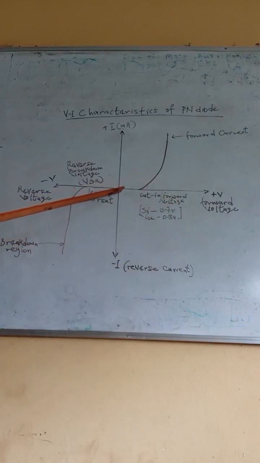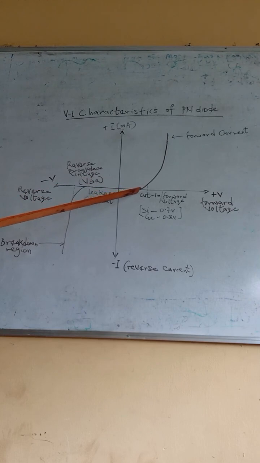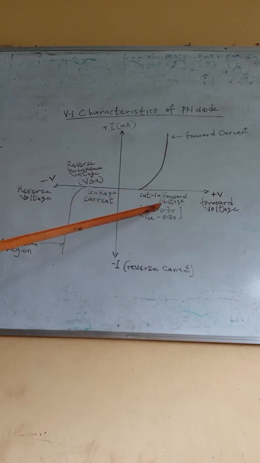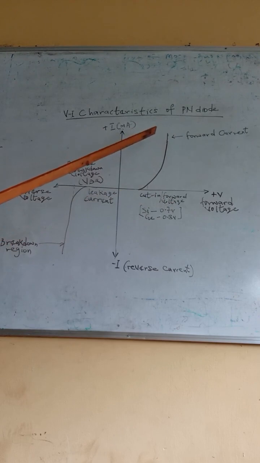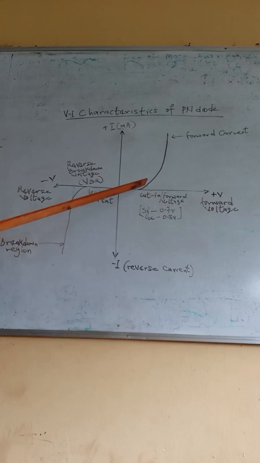When you forward bias a diode and continue increasing the voltage, current will not flow until a particular forward voltage, or cut-in voltage. If it is silicon, by the time it reaches 0.7 volt, conduction will start. At 0.1, 0.2, 0.3, conduction might not start. But by the time it reaches 0.7 or almost 0.7, conduction will start.